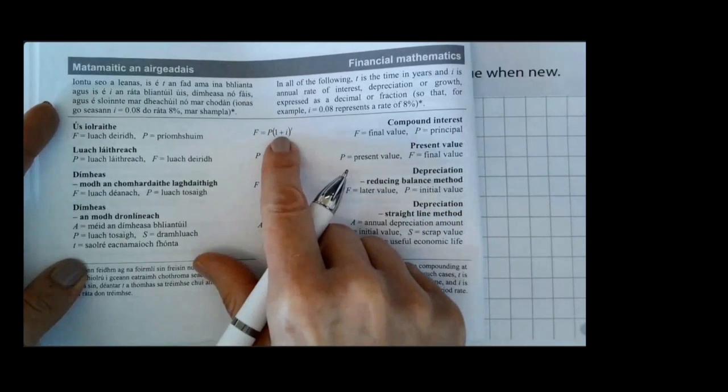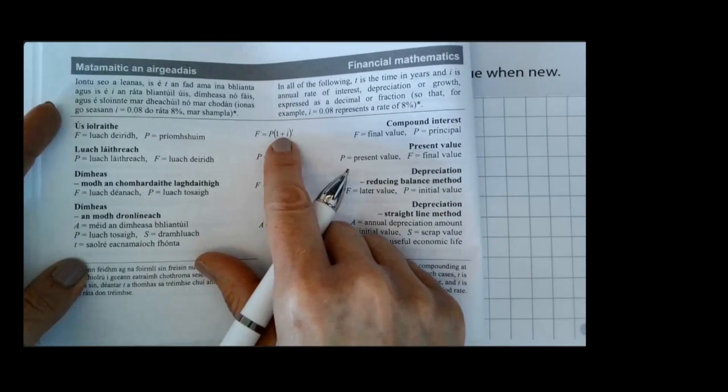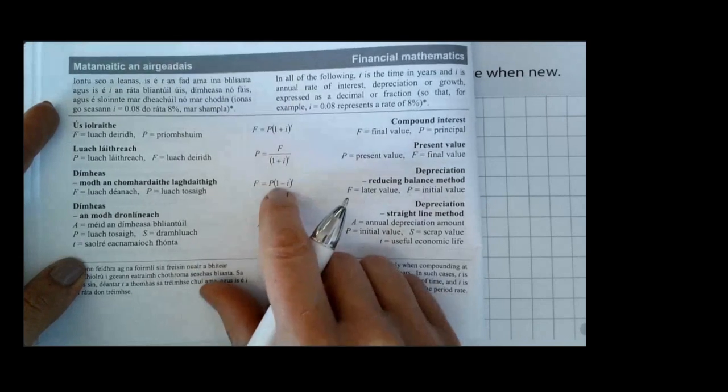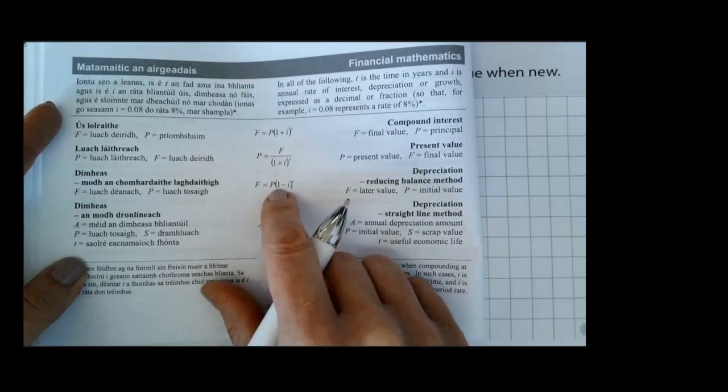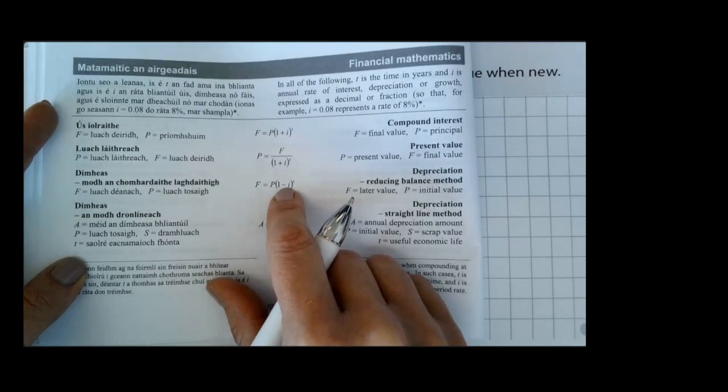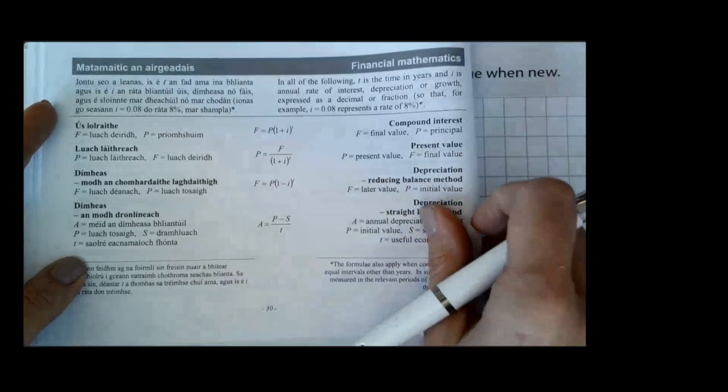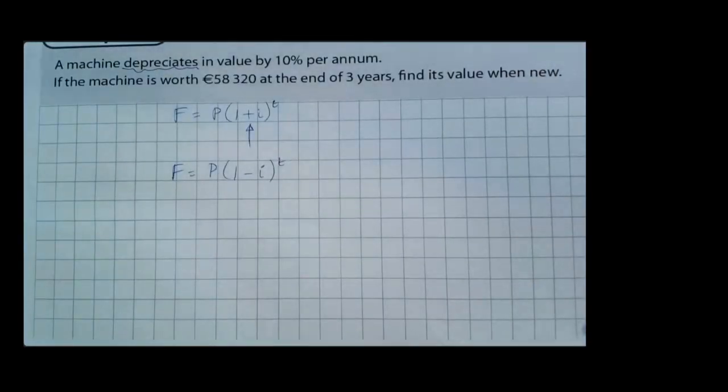If you are looking for a percentage increase on something and you're compounding it, then it's a plus. But if it's a depreciation and it's something, again, that's having an effect year on year and compounding it, it's a minus the interest rate, that percentage you're going to be taking away. All right, so that's the only thing I need to consider with a depreciation question.